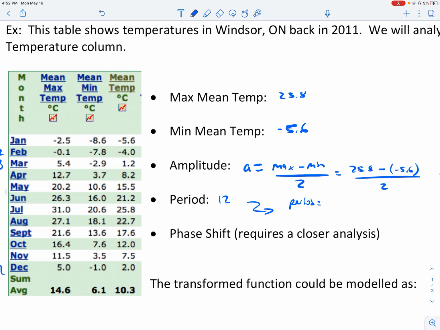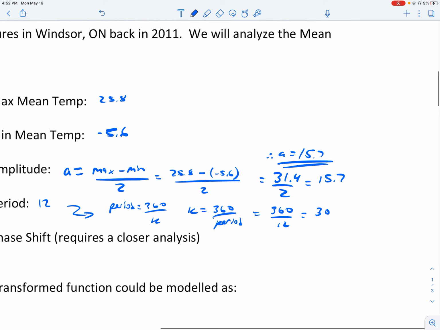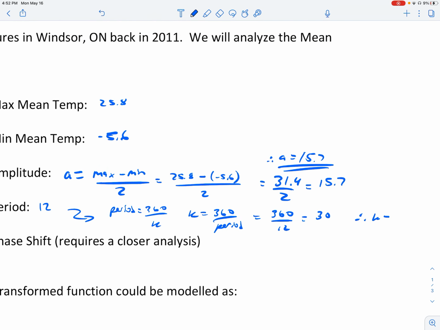So period equals 360 over K. I can rearrange that for K. So we'll do 360 over the period. So 360 over 12, that's 30. Okay, so therefore K equals 30.